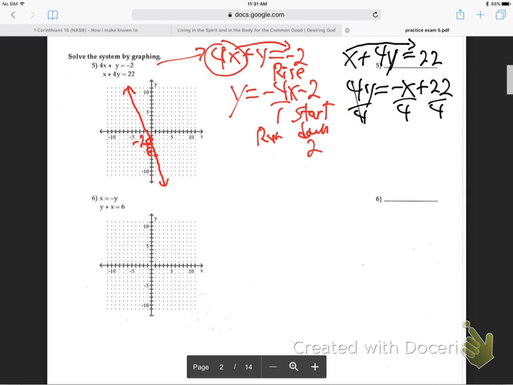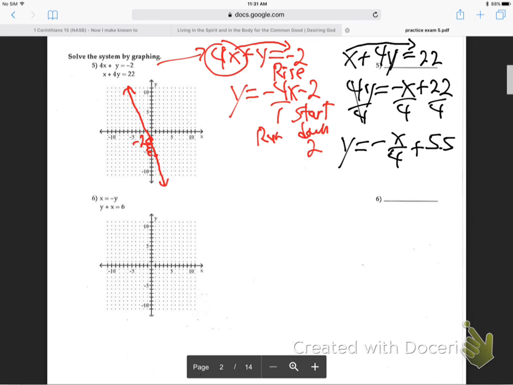So y equals minus x over 4 plus, now 22 over 4, just use your calculator. 5.5. Just divide on your calculator, because I don't want a fraction there. I want a fraction in the middle, because that'll be my slope, but I do not want a fraction on the right. So just make it a decimal.